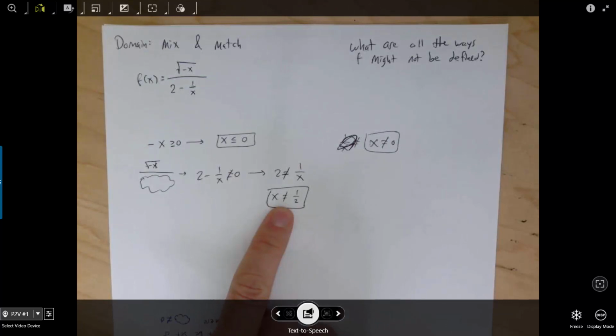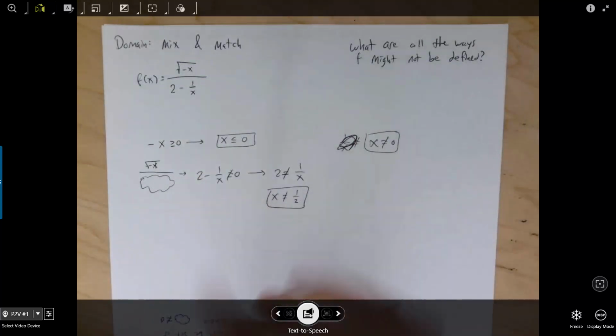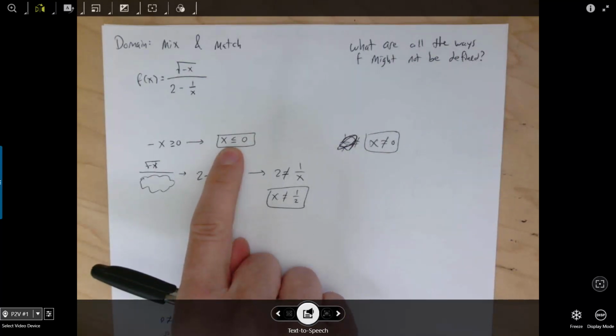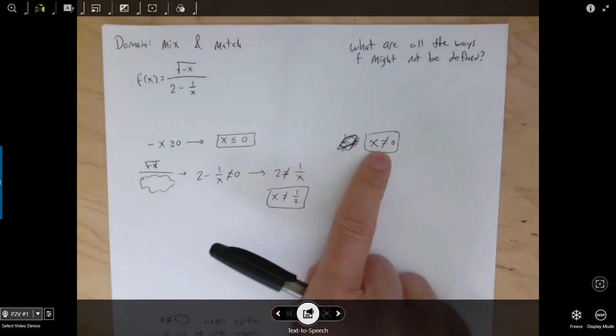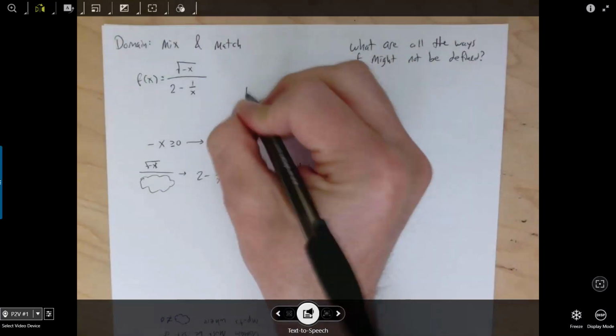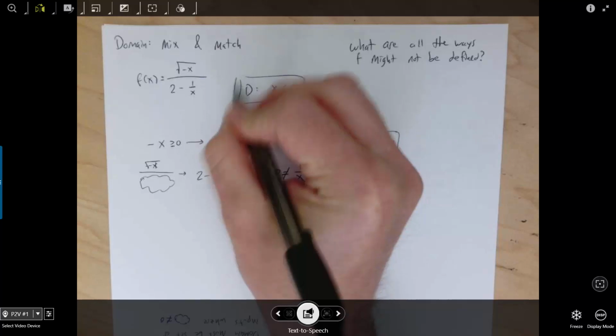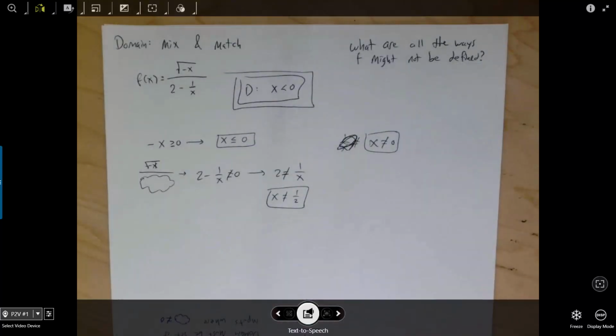I know that it's not 1/2 because I already know that it's not positive. However, this one says x could be negative or it could be 0, but this condition says that it also can't be 0. So if I put all three of these things together so that an x value has to satisfy all three of them, the final domain I end up getting is x has to be less than 0. X has to be negative.